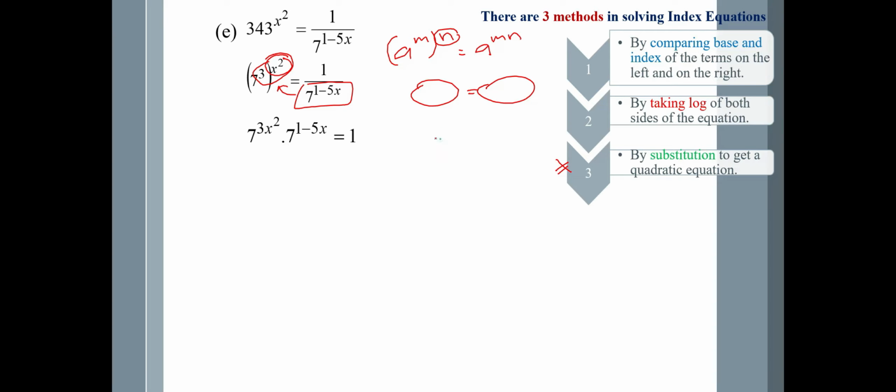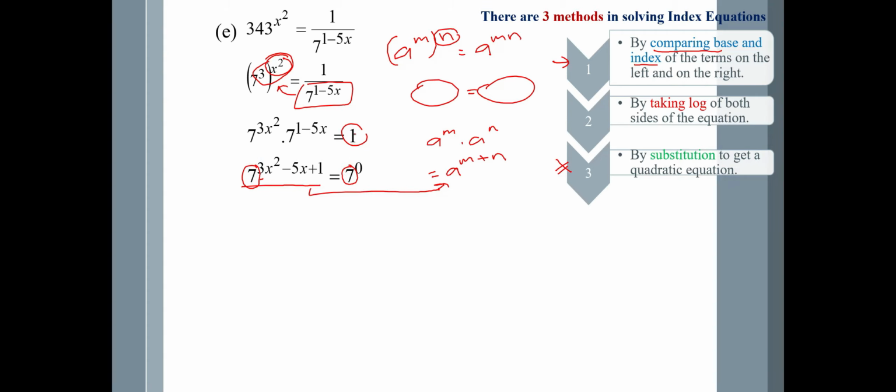Next, from the rules of indices, a to the power of m times a to the power of n is just equal to a to the power of m plus n with the same base, right? So that's where I got this. Then why do I change 1 is because I want to apply the first method, which is to compare the base and index. So to compare, if my base on the left is 7, my base on the right must also be 7.